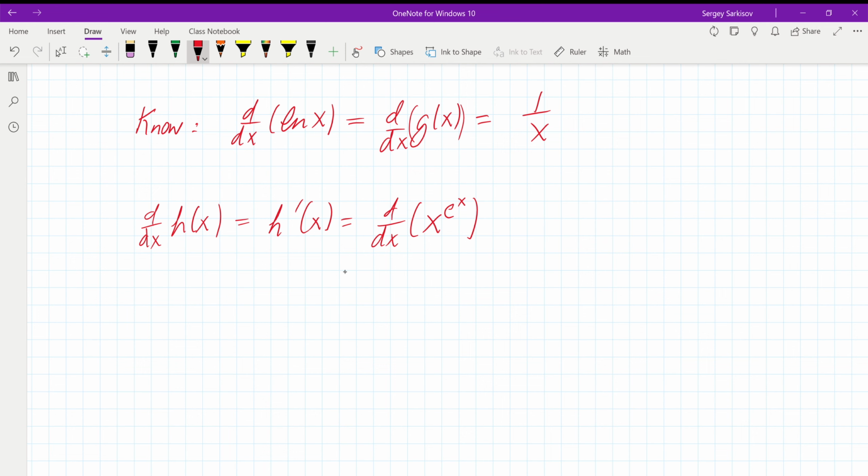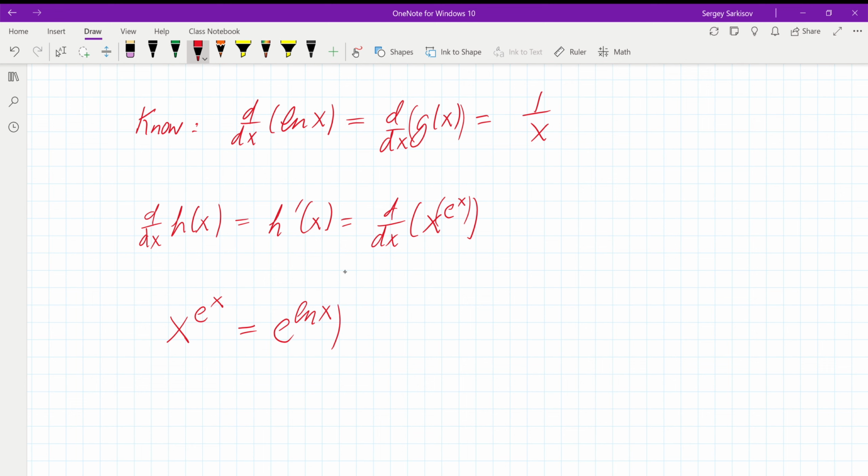Well, here's what I'm going to try. Let's find another way to write x to the e to the x. So x to the e to the x is equal to e to the ln x, you see that?